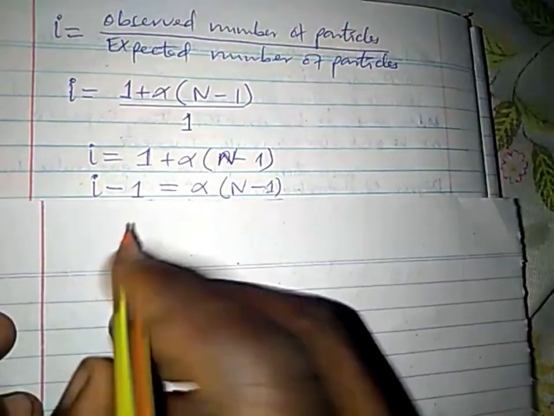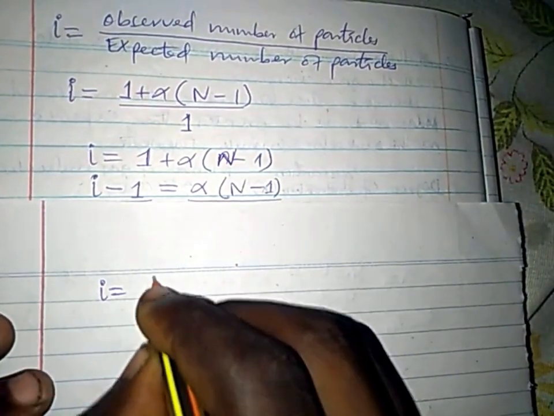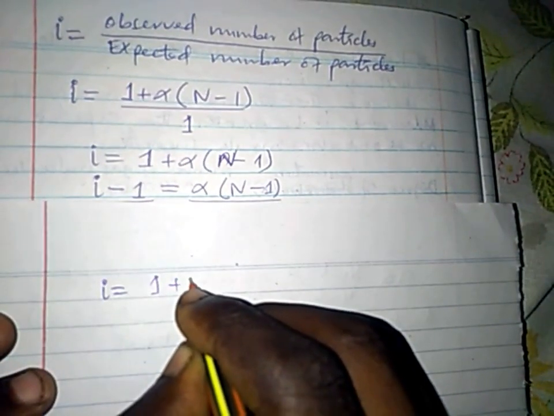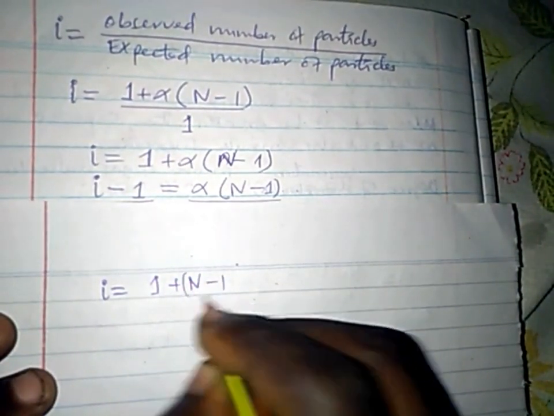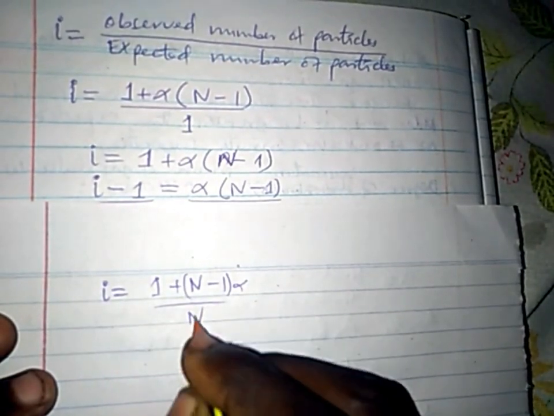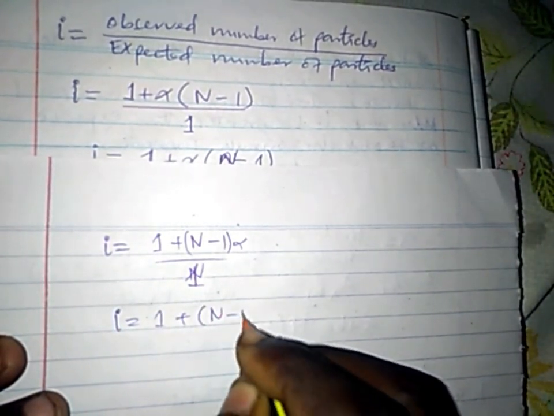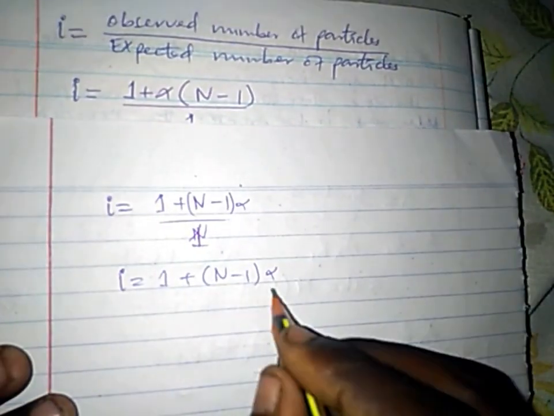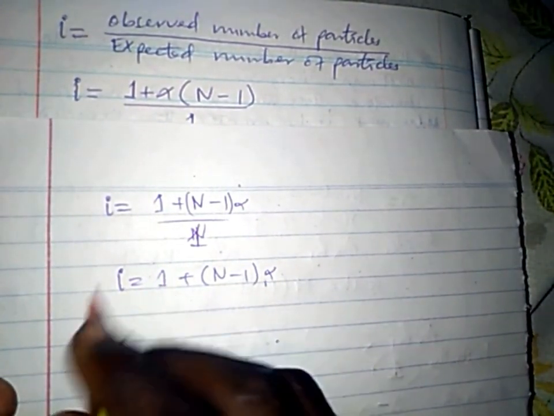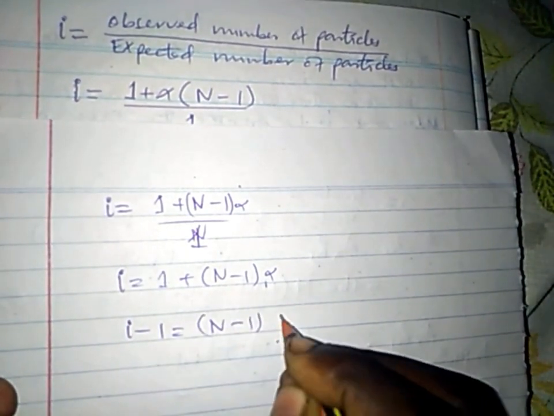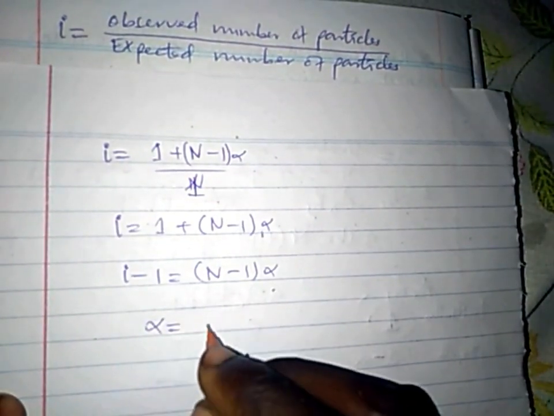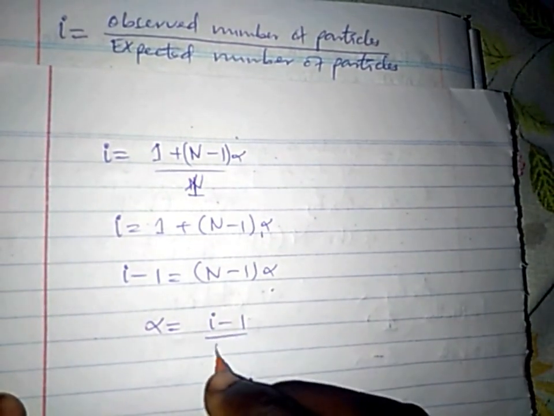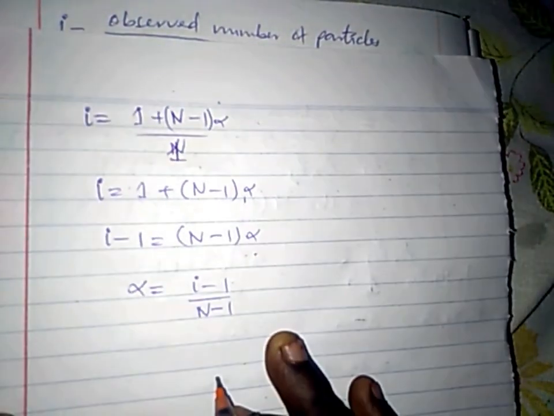Now, as we said, the Vant Hoff's factor is equal to 1 plus N minus 1 degree of dissociation divided by 1. So hapo itakuwa Vant Hoff's factor is equal to 1 plus N minus 1 degree of dissociation. Now making the subject degree of dissociation, kwanza itatubidi kusema kwamba Vant Hoff's factor minus 1 is equal to N minus 1 degree of dissociation. So degree of dissociation will be equal to Vant Hoff's factor minus 1 divided by N minus 1.